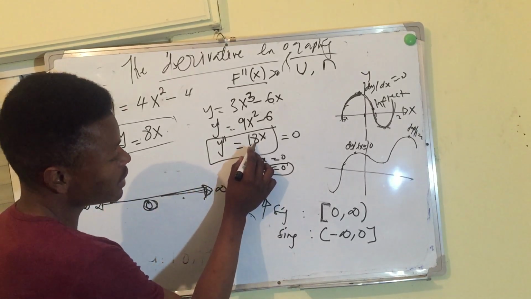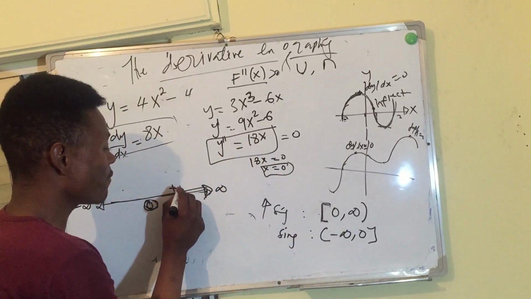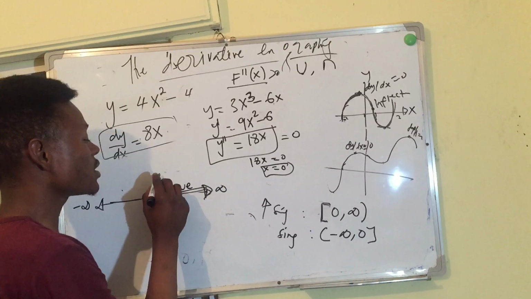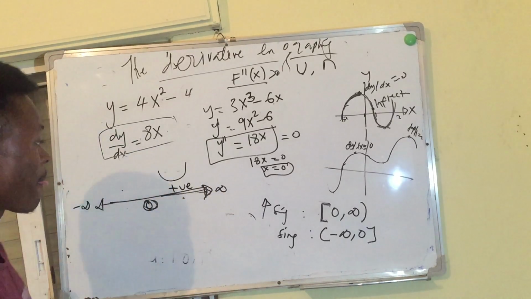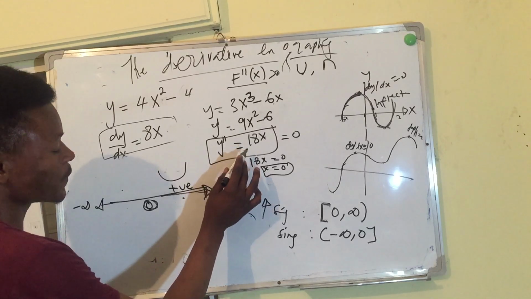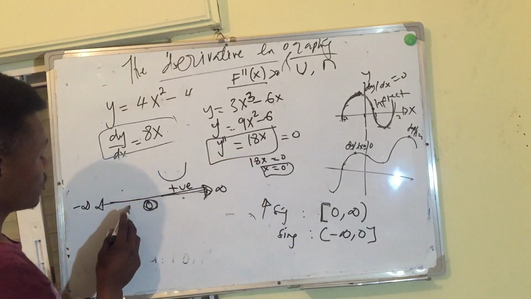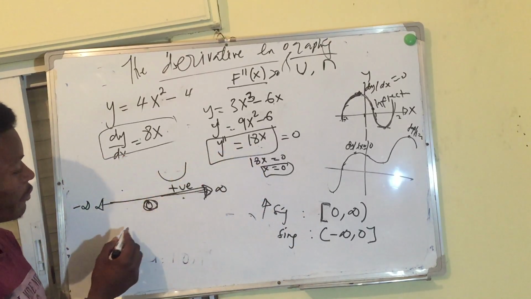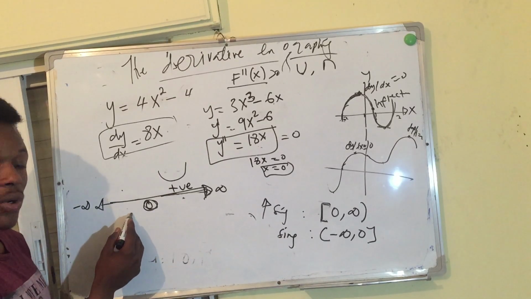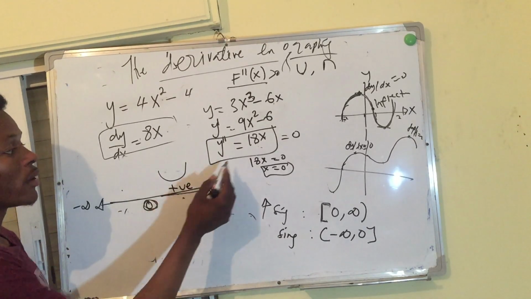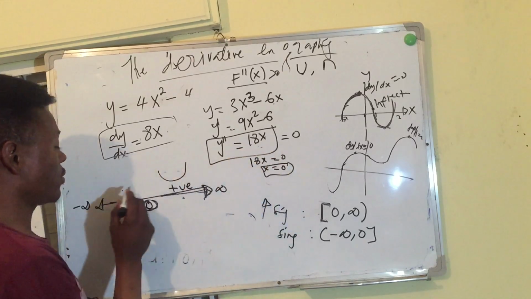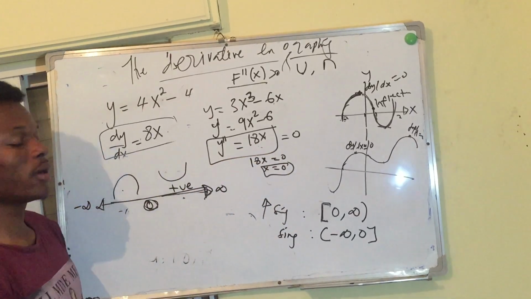So this is positive. 18 times 1 is positive. So here we have positive, so it is concave up because the answer is positive. And also, if we substitute any number for x less than 0, let us say minus 1, this is negative, so it is concave down.